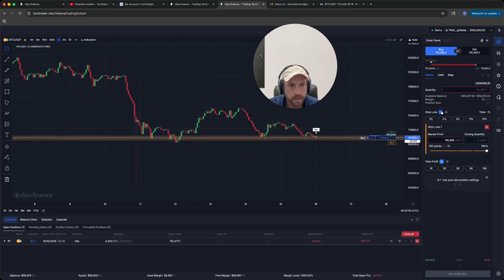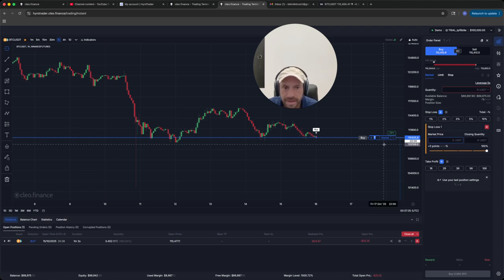So we go over here to the stop loss, and you can use percentages, or I prefer to just use the price. I want this trade to be invalidated at what price level. Okay, I'm not so confident that I want to have it really wide open.